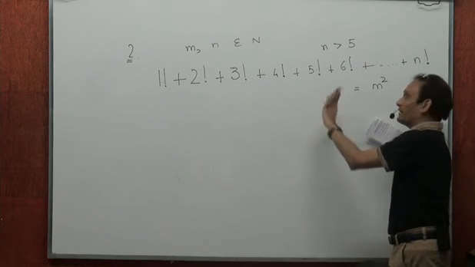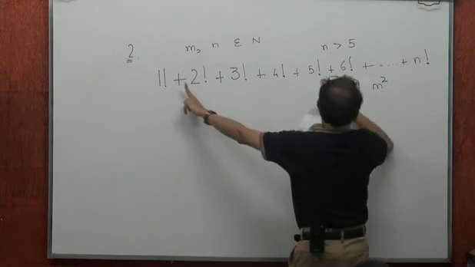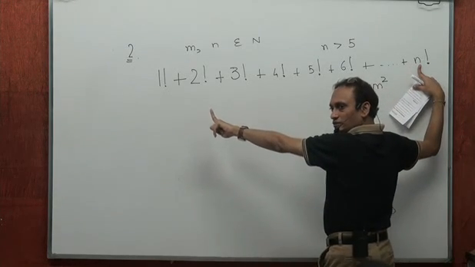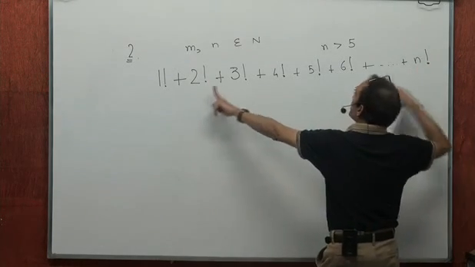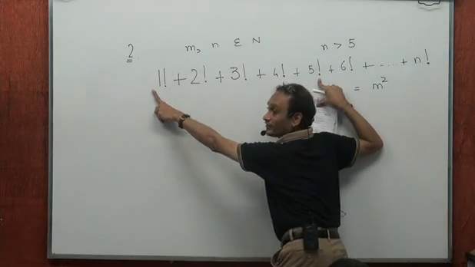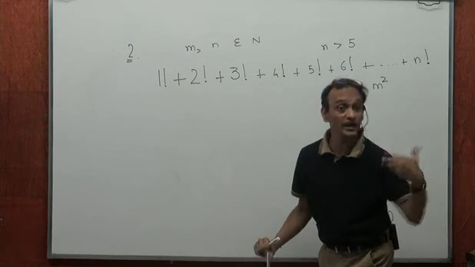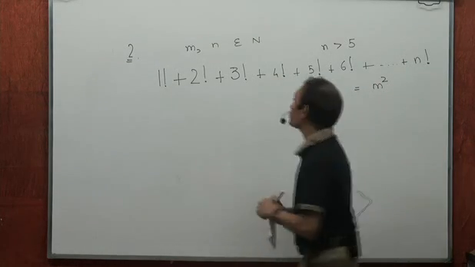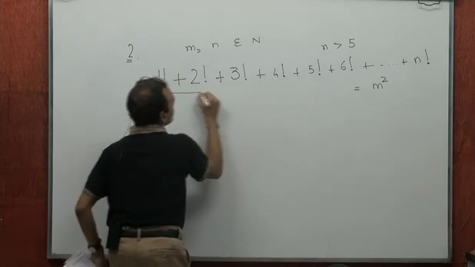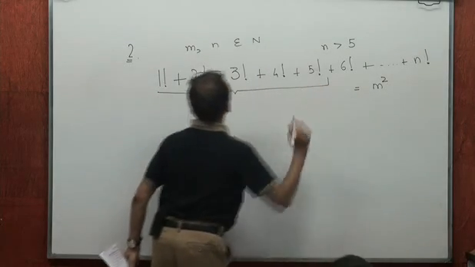We do not know where. So for sure, 1 factorial to 5 factorial will certainly appear, because n is given to be greater than 5. So if that is guaranteed, let me see what this sum turns out to be.